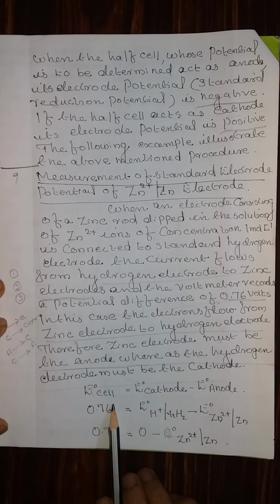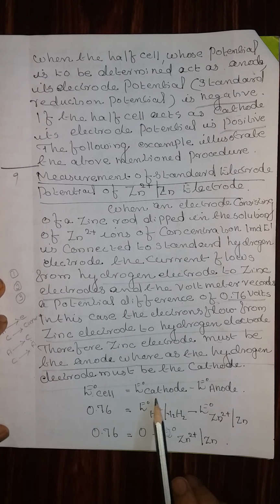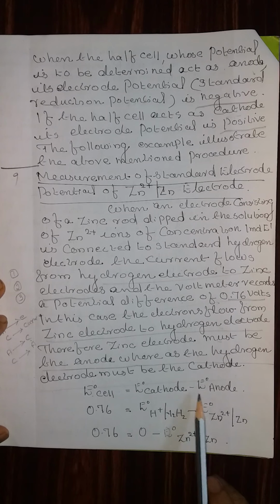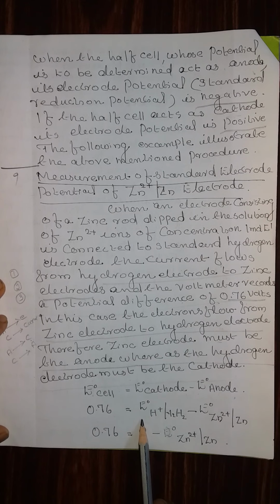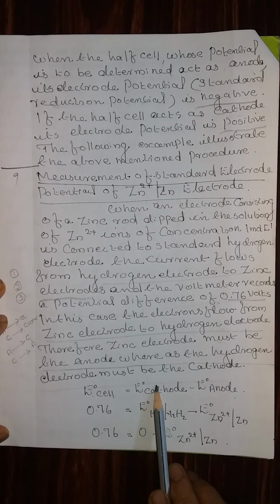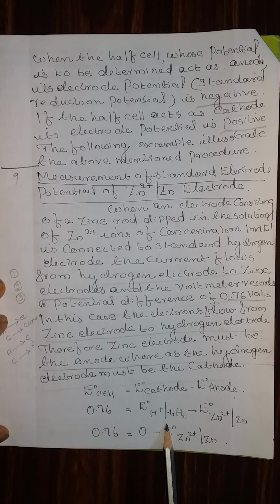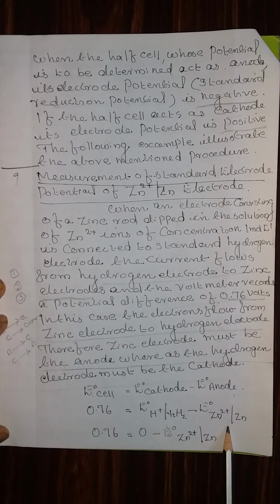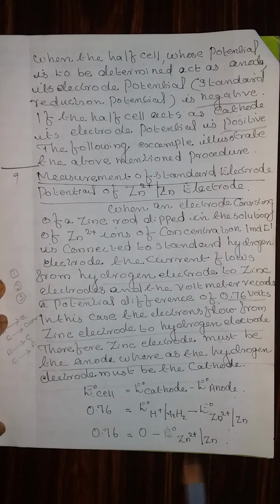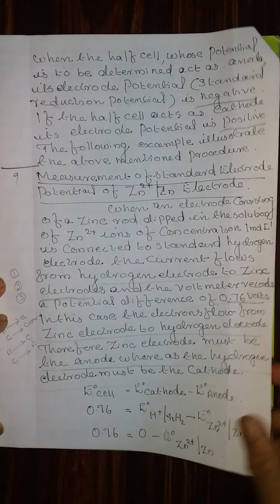E0 of the cell is E0 of the cathode minus E0 of the anode. Substituting the values, 0.76 is equal to the standard electrode potential of hydrogen minus the standard electrode potential of zinc. Therefore 0.76 is equal to 0 minus the standard electrode potential of zinc.